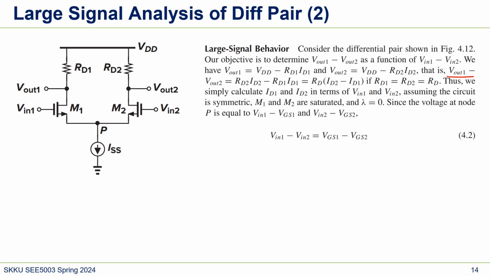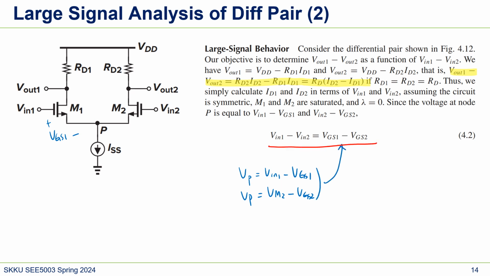So here, this part, and since VP is V in 1 minus VGS1, right? Because here is VGS1. And VP is also V in 2 minus VGS2. So this gives this. So we're going to use it.